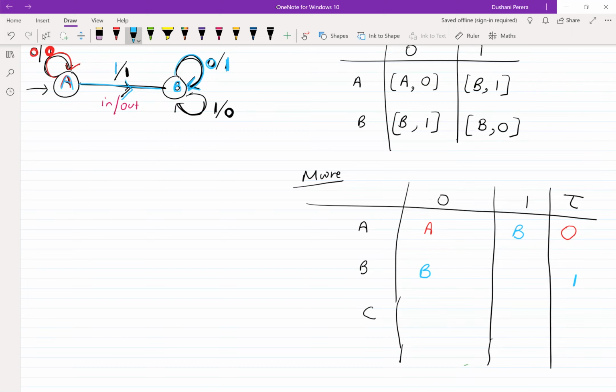Then when you see a 1, you come back to itself. Do you see that you need to print a 0 as well?